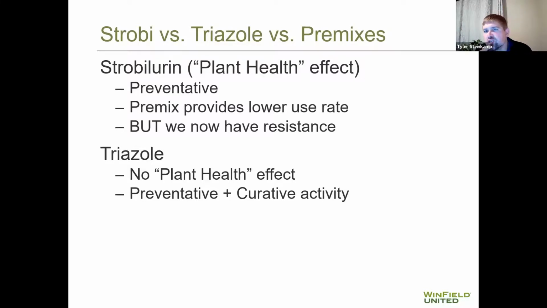Most of the other scores that you see around plant health are just based on the disease package that hybrid has. But here's the thing, I don't think that all of the yield effect is actually coming from the disease. I think some of it has to do with this plant health effect.